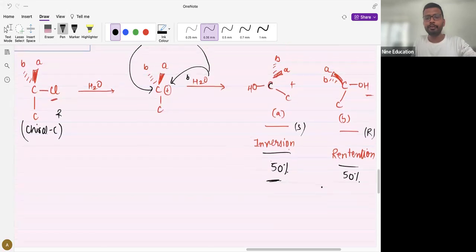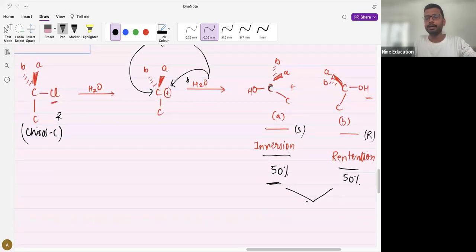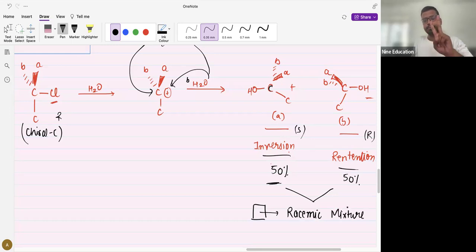है ना? ये 50-50% हमारे पास है, both are there in our solution. This solution will be known to us as racemic mixture, where we have two compounds, their optical rotation is opposite, but the magnitude of alpha is the same.